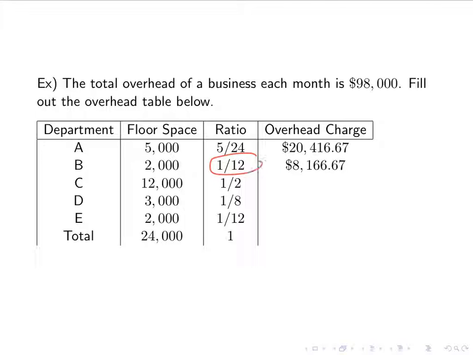For the next one, I get $8,166.67 when I multiply 1/12 by my 98,000. Again, notice I'm going to have that same number for Department E when I get down to it. Department C, I'm taking half of 98,000. That's 49,000. For D, I'm taking 1/8 of 98,000, and that's 12,250. Again, Department E is the same as Department B, overhead charge-wise.